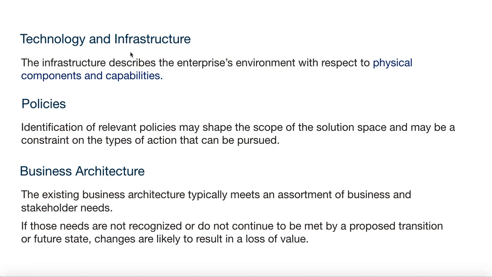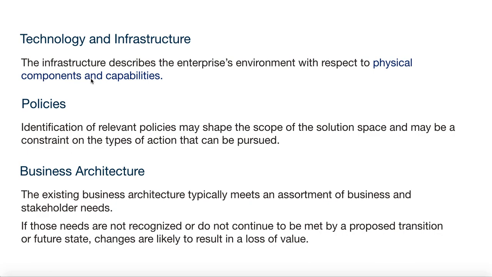Next one is technology and infrastructure. This is very interesting because you need to look at the different elements and factors that revolve around the current technology and infrastructure of the enterprise. These are generally physical components and capabilities within an enterprise environment.